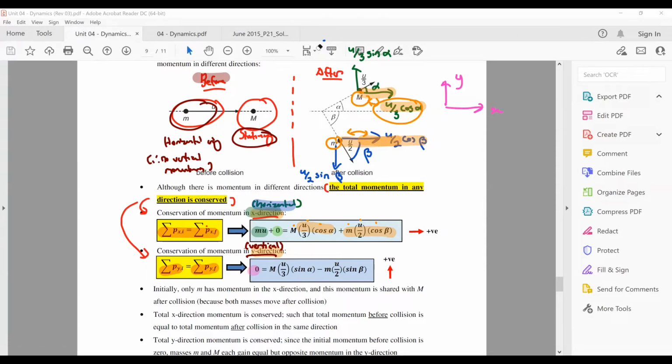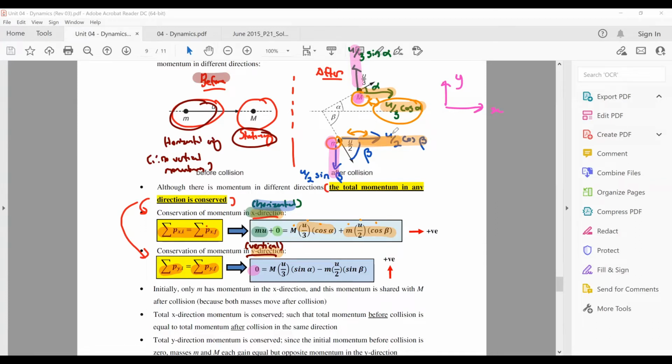But then when I move on to the case after collision, because I already resolved the velocities here, my work is a bit easier. If I want to find only the vertical momentums, for big M, I take the mass multiplied by the vertical velocity. For small m, I take the mass multiplied by the vertical velocity to get the momentums.